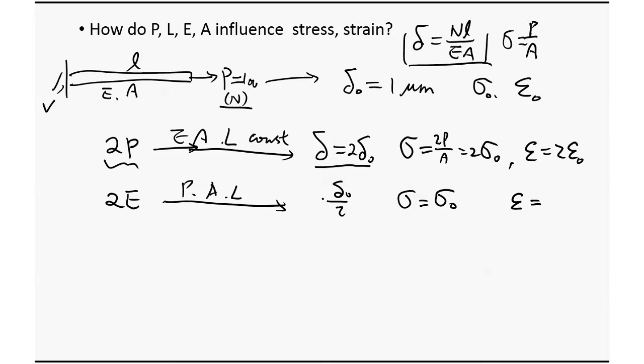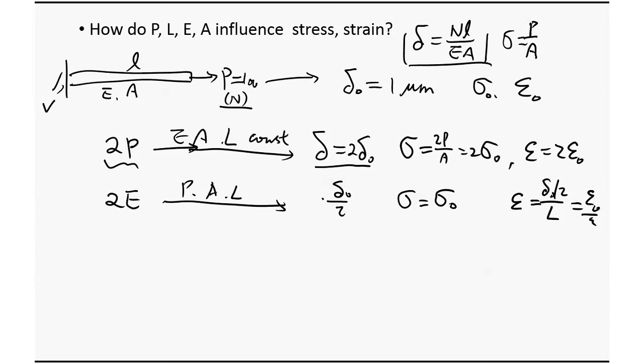I heard 2 answers. It should be half. Why is it half? Because your elongation is half delta now. What's your total length? It's still L. So your strain, therefore, is half. Remember, this equals half of the delta 0, the deformation you generate, over L. So therefore, it's half the epsilon 0.